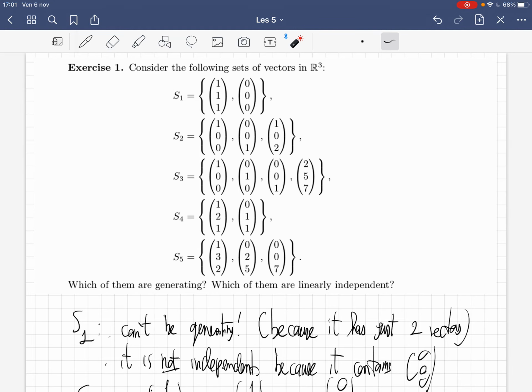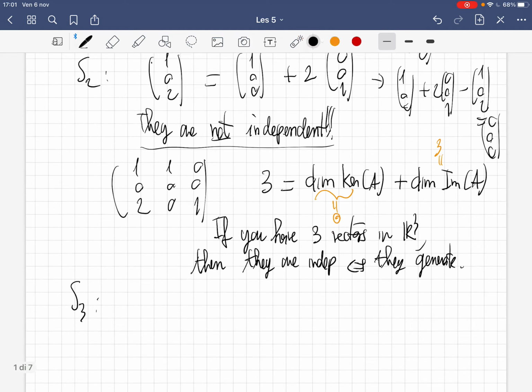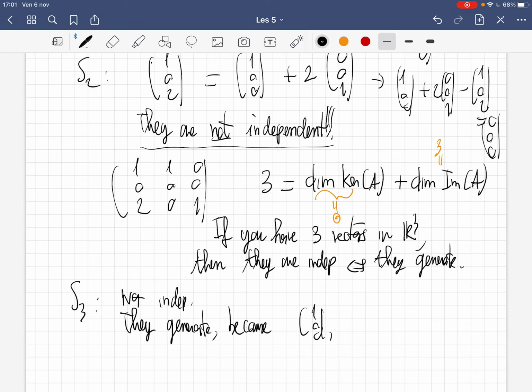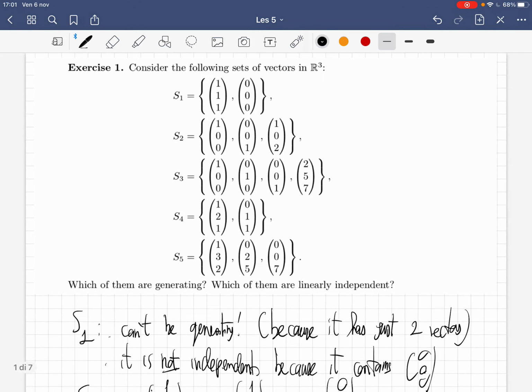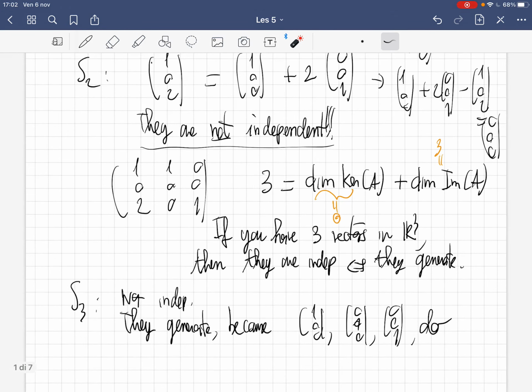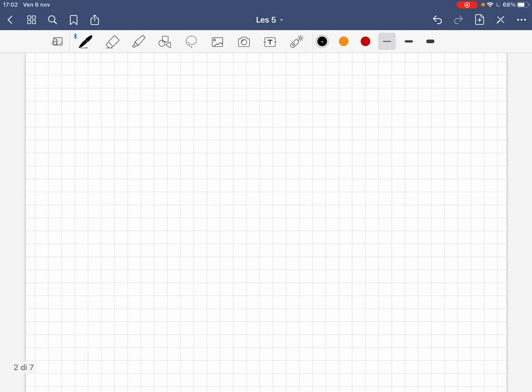And so these are not independent, for sure. Are they generating? Yes, because these do generate it. If you have a set of vectors and a smaller set of them is generating, then the set is clearly generating. So no problem.